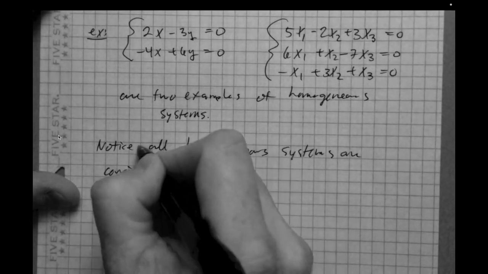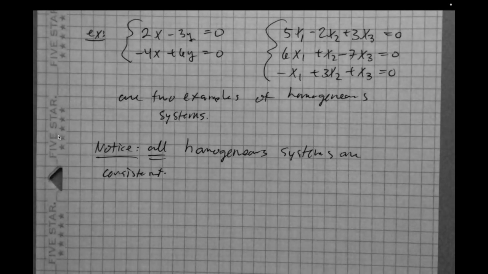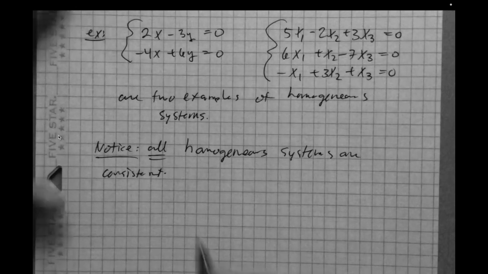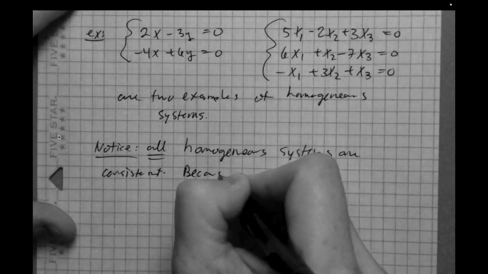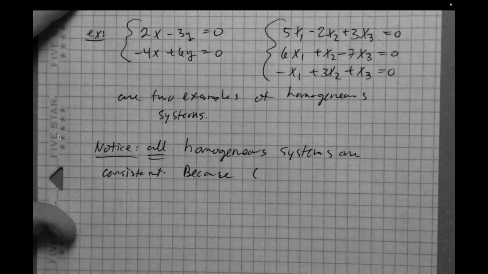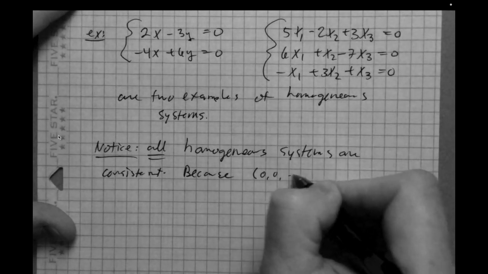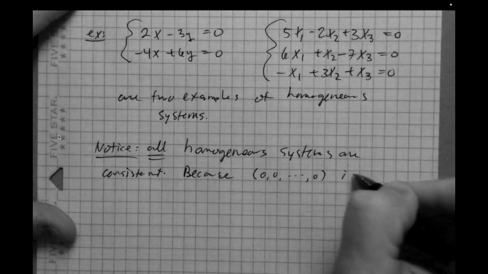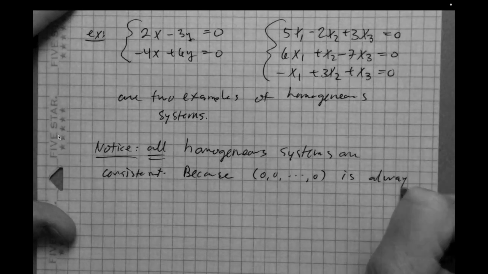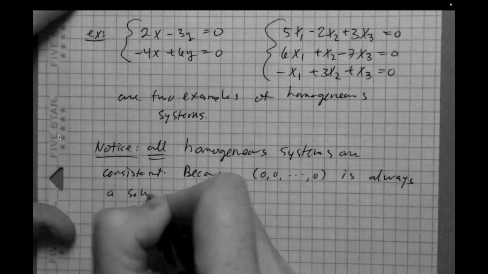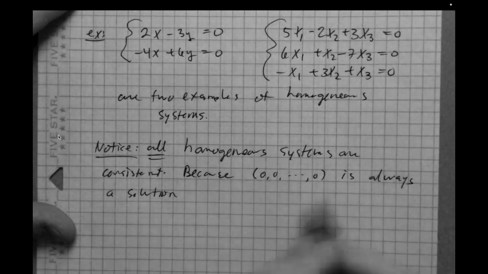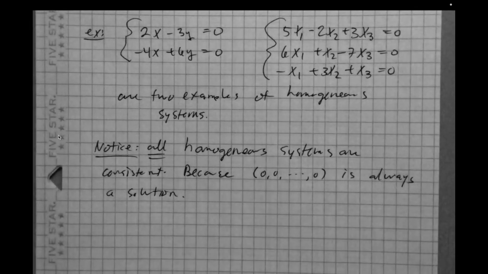How do we know that just by looking at this? Well, it's because there's always the trivial solution. The solution of all zeros is always a solution.